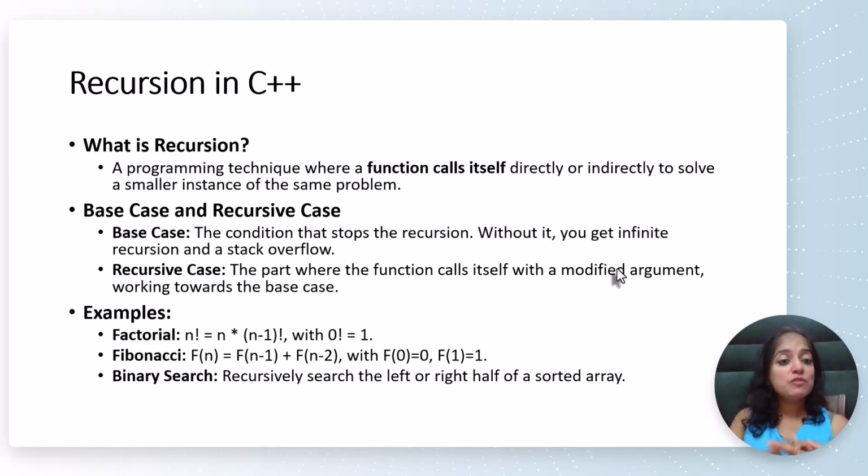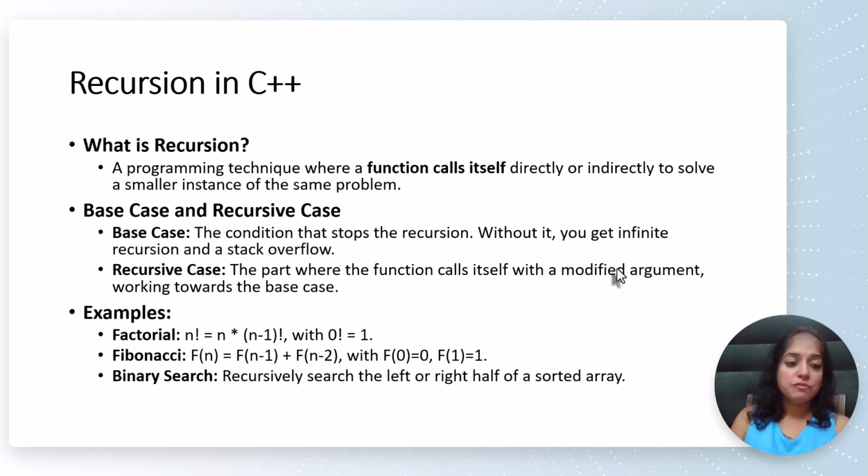In the base case, the function does not call itself, and in the recursive case, the function calls itself with a modified argument which takes it closer to the base case, not far away. Because if you do not have a base case in your recursion, it will be an infinite loop. It's not going to terminate ever, right?